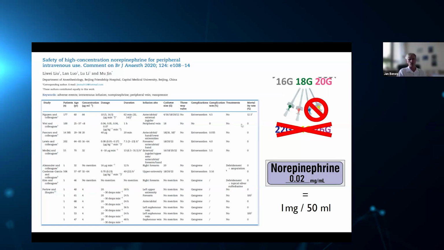Evidence is that 1 milligram in 50 mL, so 0.02 milligram per milliliter dilution of norepinephrine, is pretty safe into the periphery if you have at least a 20 gauge peripheral needle, and you can administer it up to 24 hours. That's based on literature. Of course, you should observe the insertion site.